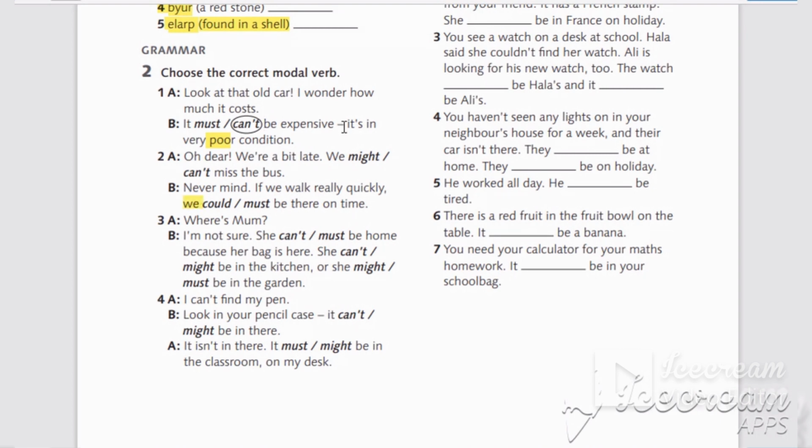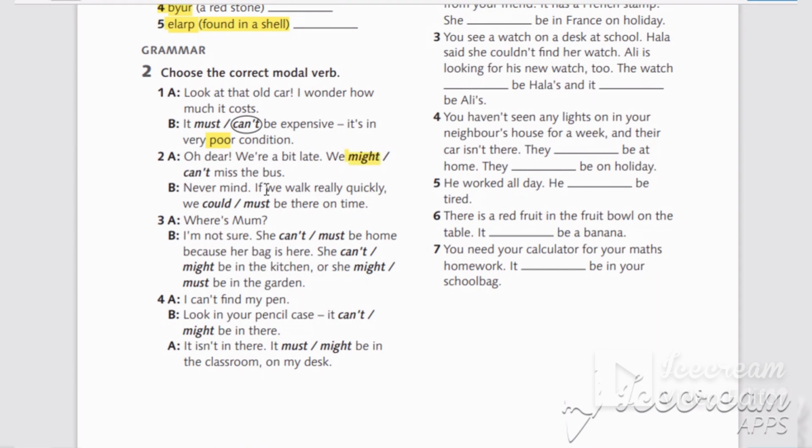Oh dear, we're a bit late. We might or can't miss the bus. We might. Excellent. We might miss the bus. احنا ممكن انه نفقد or يروح علينا الباص.